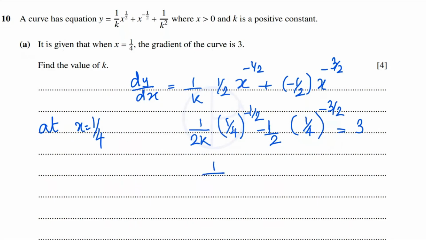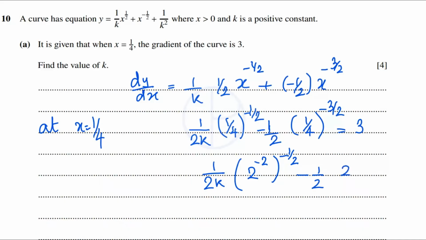So 1 over 2k. 1 over 4 can be written as 2 square. When it goes to the numerator, it will become 2 power minus 2, the whole power negative 1 over 2, minus 1 over 2.